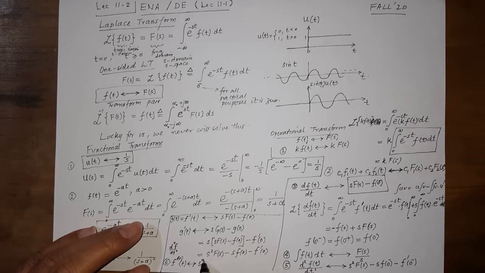So we are going to have s^n F of s minus s^(n-1) times the function's value at 0, minus s^(n-2) times the function's first derivative value at 0, minus s^(n-3) times the function's second derivative at 0, and minus so on till at the end we get the function's value of the (n-1)th derivative at 0.